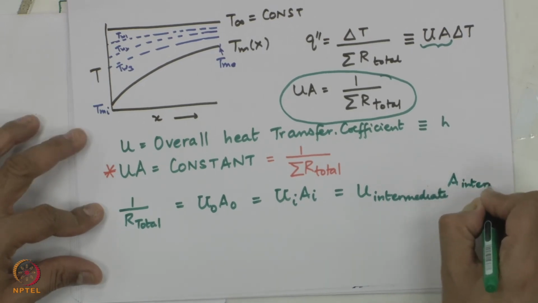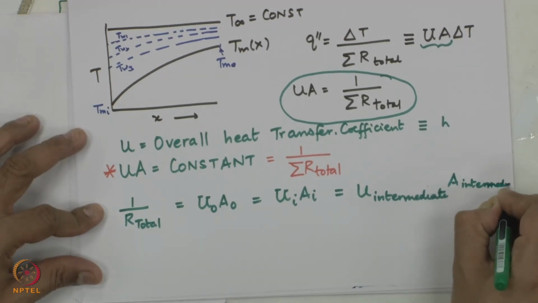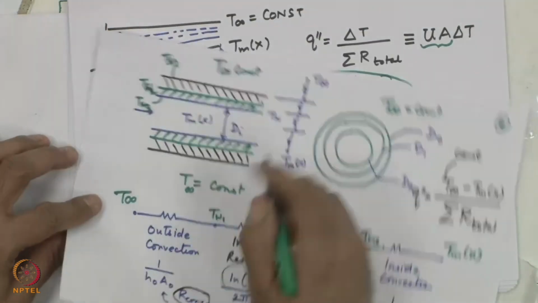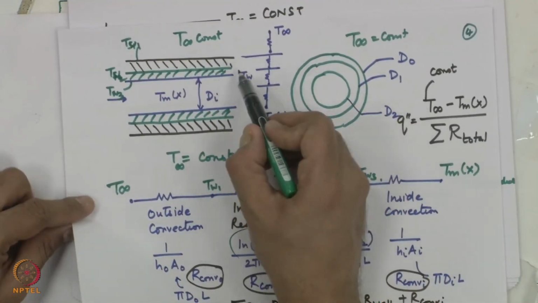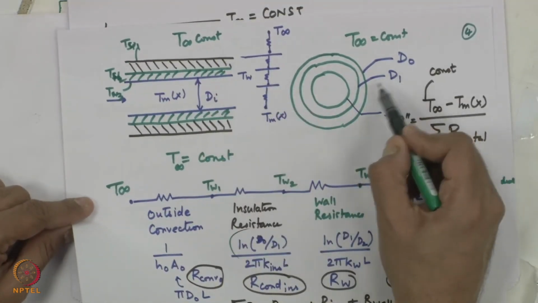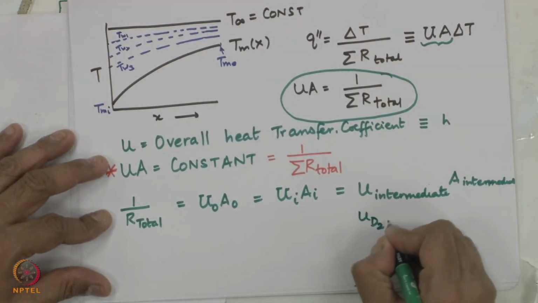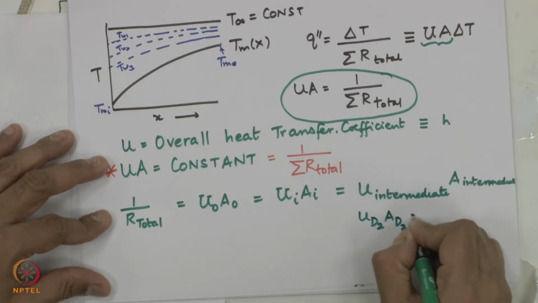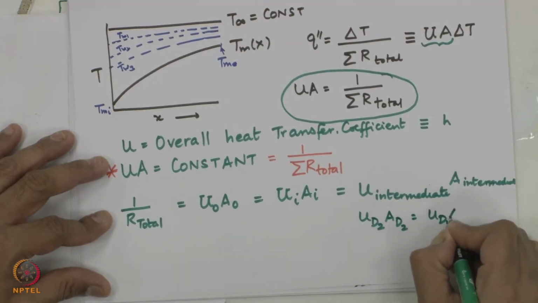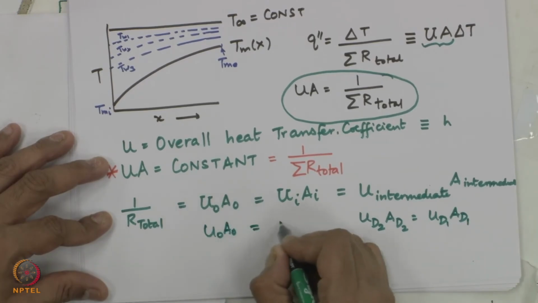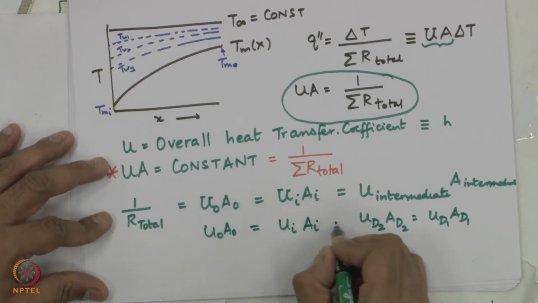How many intermediate walls do I have? I have two additional surfaces, that is diameter D1 and D2. So, I can have U based on D2, A D2, is equal to U based on D1, A D1, U naught based on outside area, Ui based on inside area.